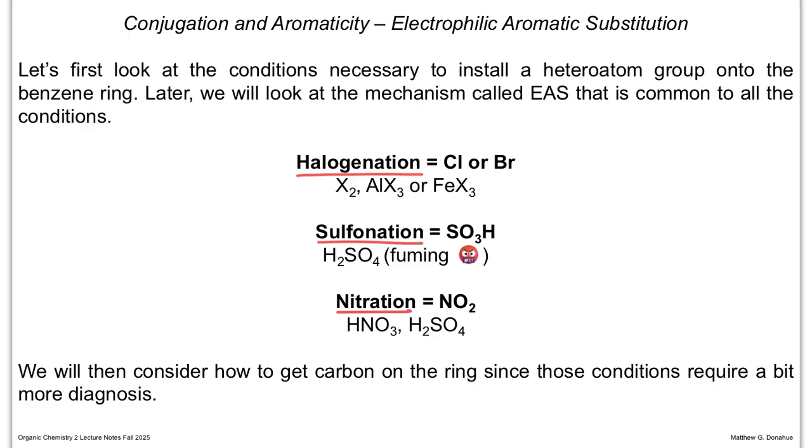And so I have this nomenclature X2. That would be your electrophile. But then we have this other thing in there, AlX3 or FeX3. Those are Lewis acids. So for example, aluminum trichloride, iron tribromide.